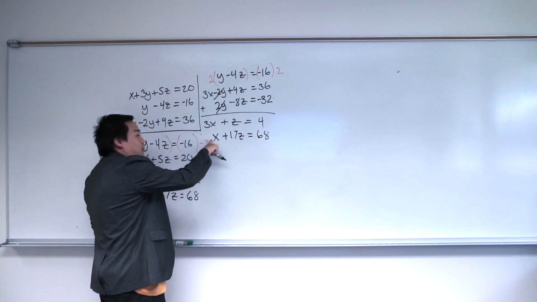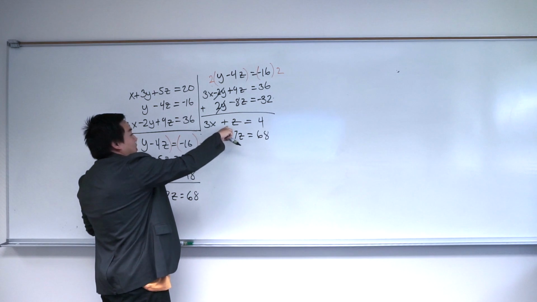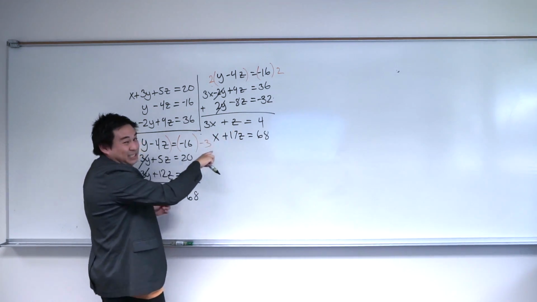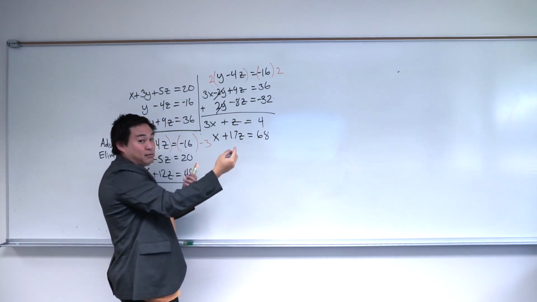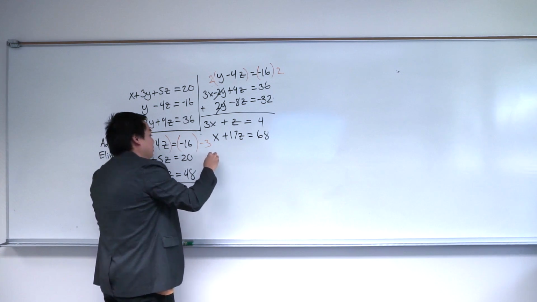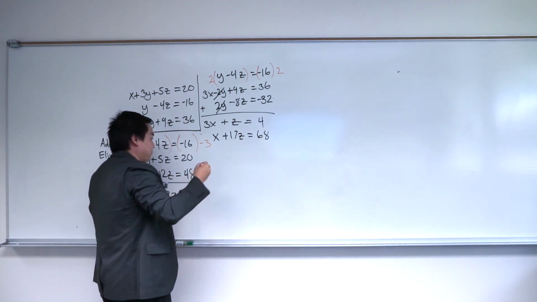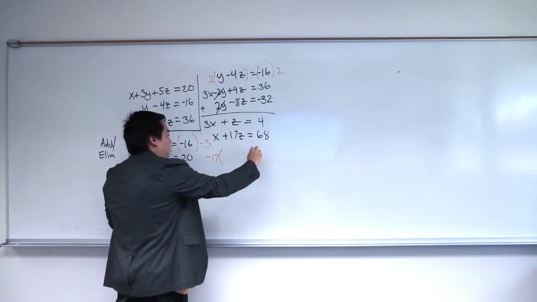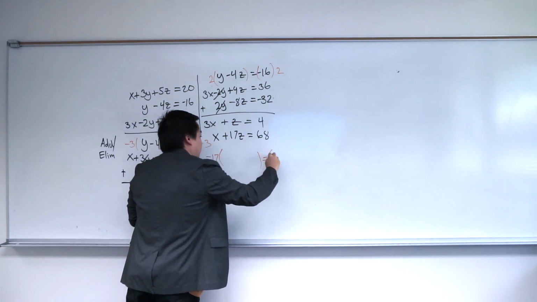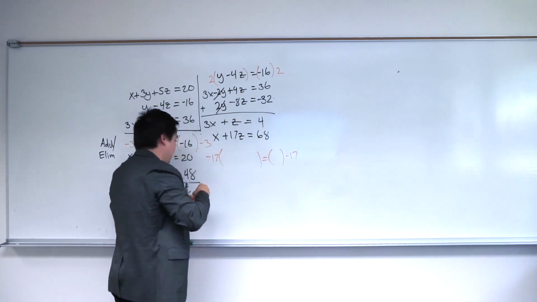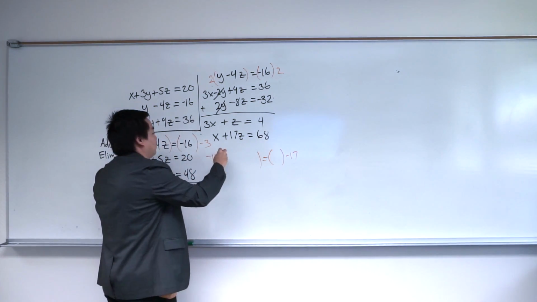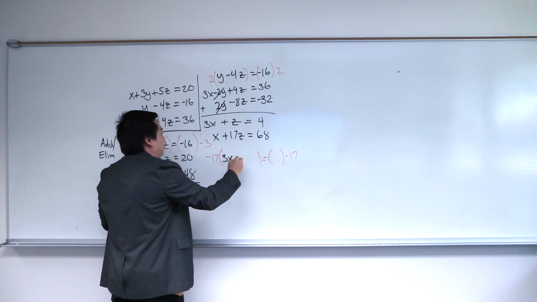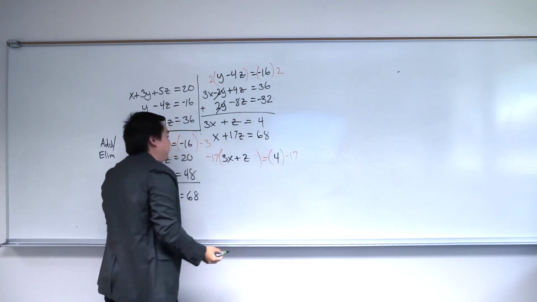And what I'm going to do is multiply the top one by 17, mainly because I don't want to multiply that by 3, but for no other reason. So I'll write it on the bottom. This negative 17, so I get 3x plus z and this 4 over here.